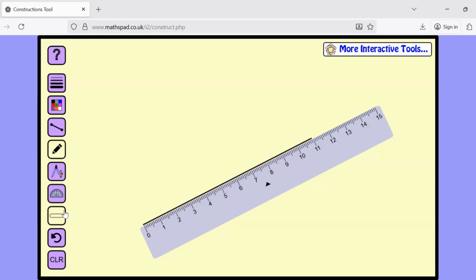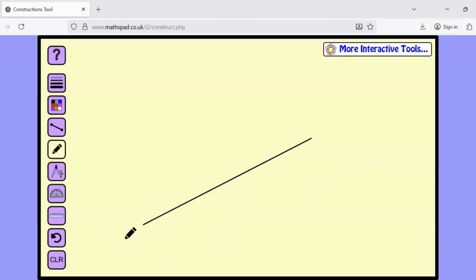I'm telling you, label as you draw. This is point D. This was point B. And this is 11 centimeters.